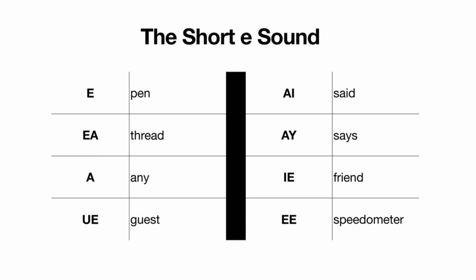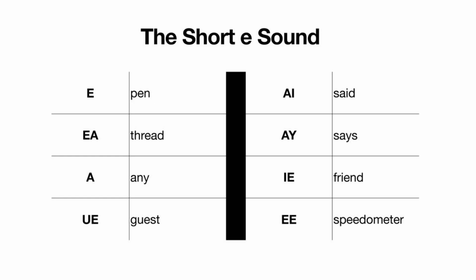The most common, and if you have younger children learning to read in the US, the short E rule that you learn first is in the short 3-letter words when we have a consonant, a vowel, and then a consonant, and that is going to be the short E in pen.